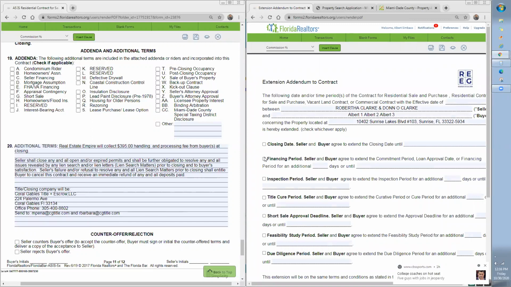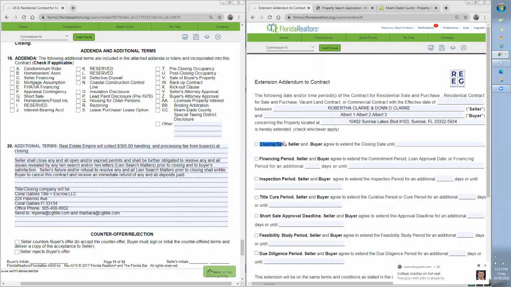This extension addendum already gives you the ability to extend closing, financing, which is the loan contingency, the inspection period, the title cure period, the short sale approval deadline period, the feasible study period. This is more for land if you're purchasing any land, and the due diligence period. This is more for commercial if you're doing a commercial thing. So this extension addendum allows you to extend all these different points, okay?